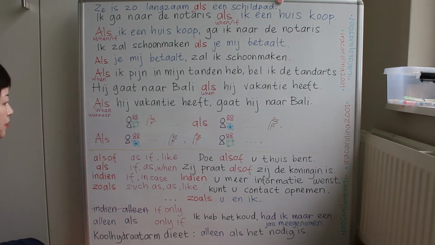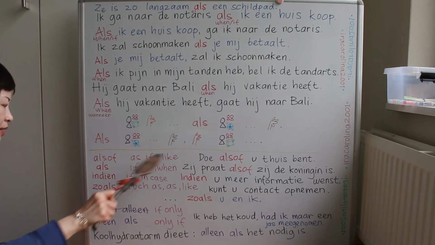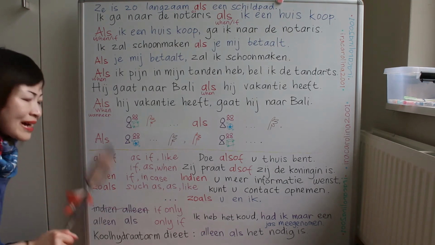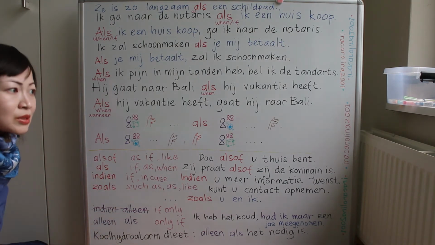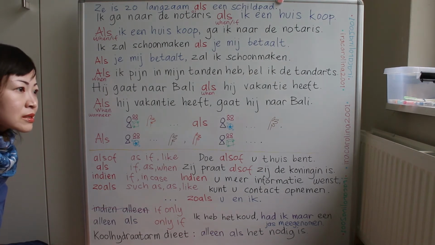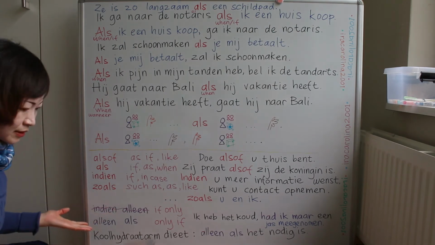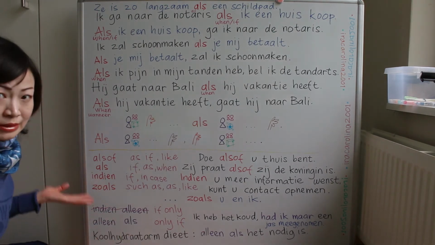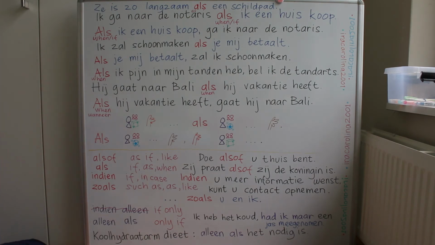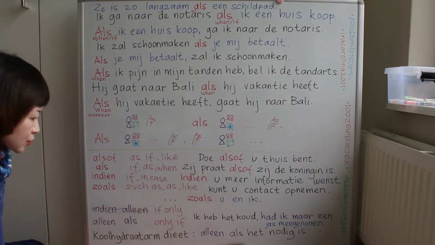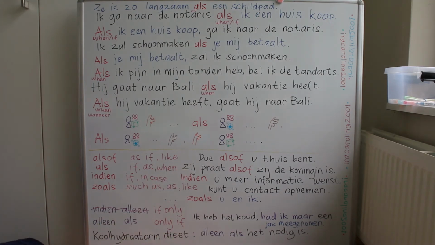Alsof can be as if, can be like. So when I do this, it means I'm studying this too. It doesn't mean that I'm really good with it, but I'm studying these ones too. So let's study together. I try to find out the correct way to learn about this. So I study too.